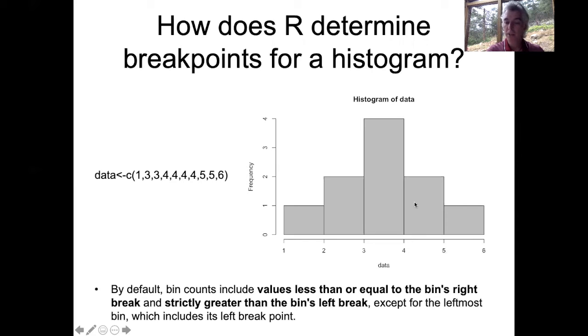There were 2 observations of 5, 4 observations of 4, etc. Now this is true for all of the bars until you get to the last one. For the leftmost bar, this is the number of observations less than or equal to 2 and greater than or equal to 1. And that's why we've got an observation of 1 here for a single observation of 1 from our data set.